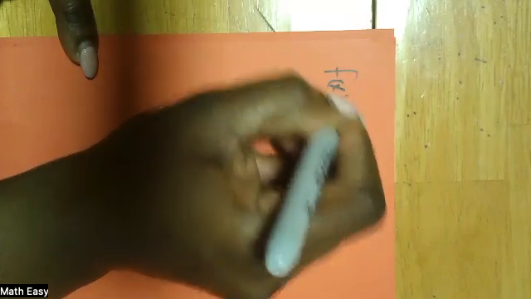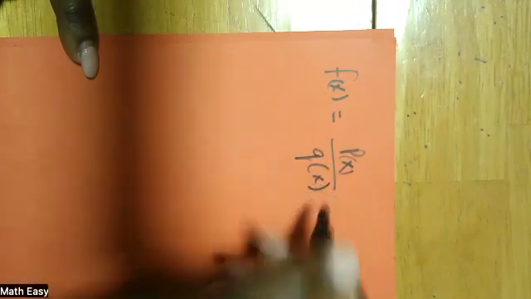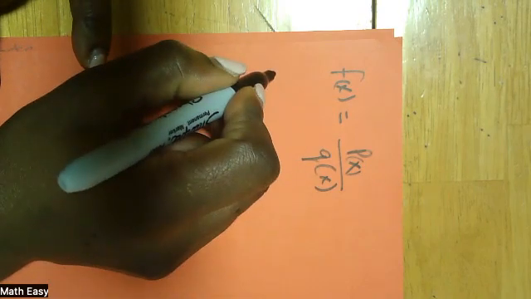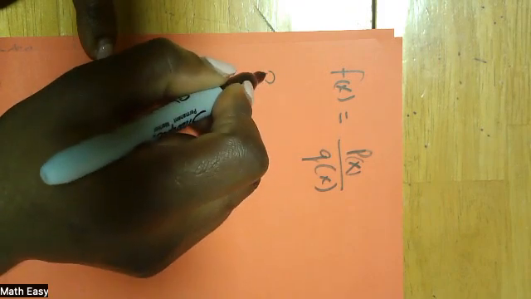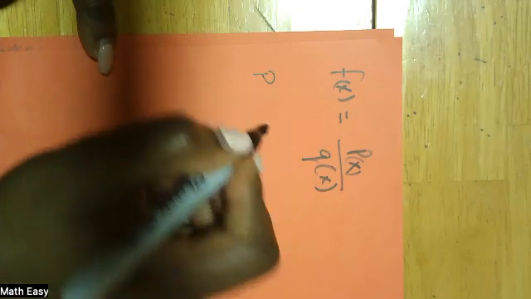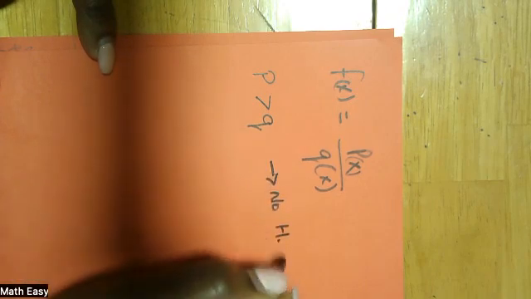Now the horizontal asymptote, again, remember we're dealing with the function p of x divided by q of x, whereby we cannot factorize or cross out any common factor between the two. Now what you need to know is that for the horizontal asymptote, if the degree of p, remember, or the highest exponent of p, is more than the highest exponent of q, then we have no horizontal asymptote.